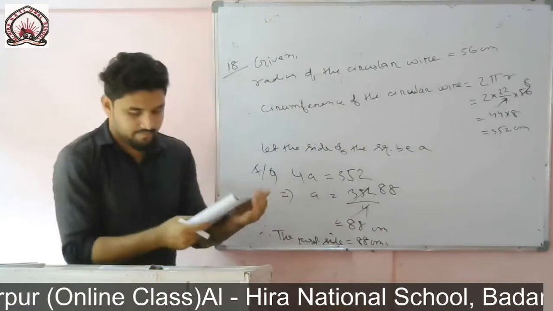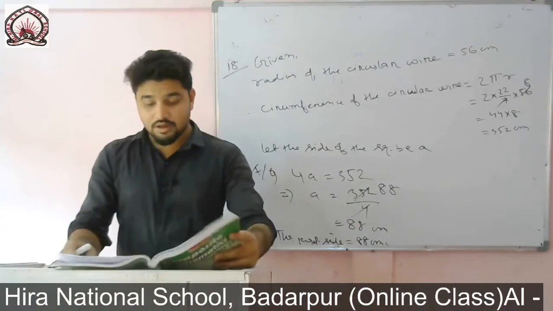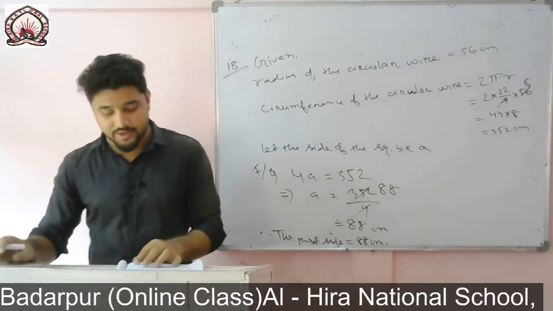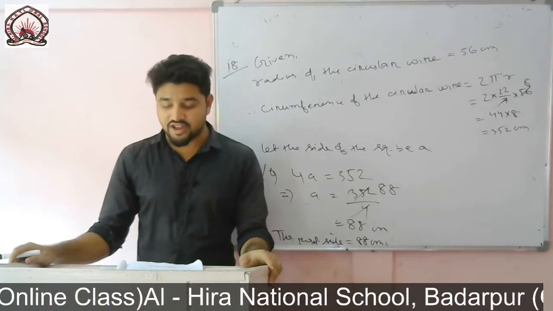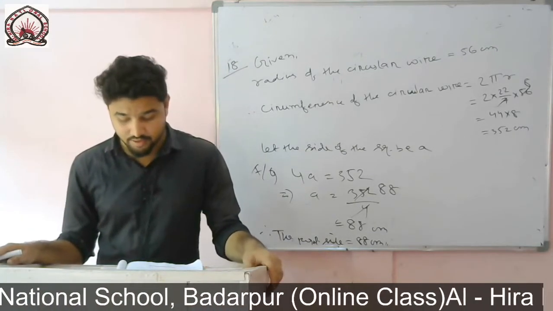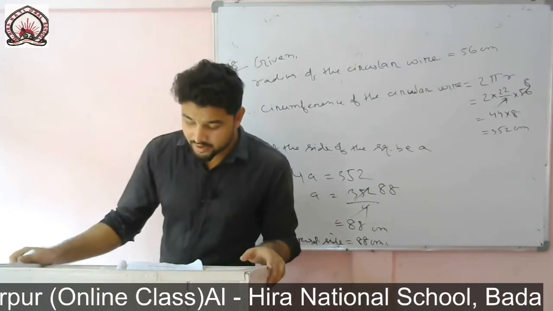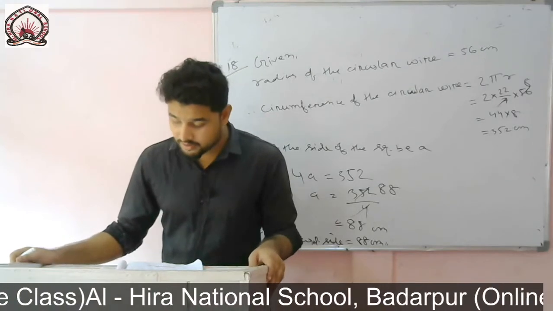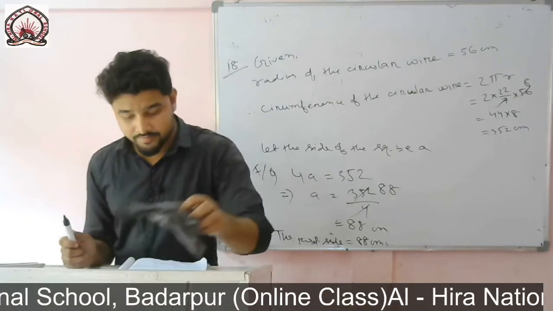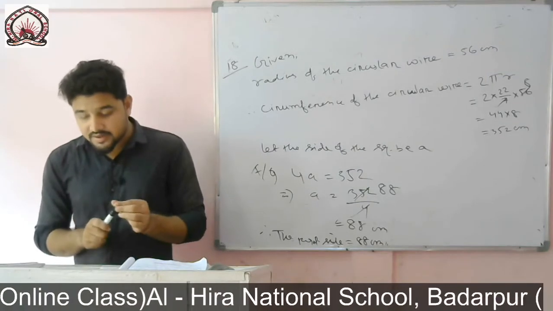Now come to question number 22. A wire is bent into the shape of a square. The area of the square is 49 centimeter. When the wire is bent into a semicircular shape, find the radius of the semicircle. That means first of all, we will find the side of the square.